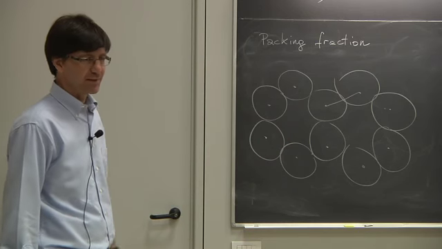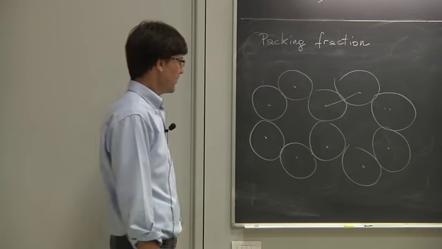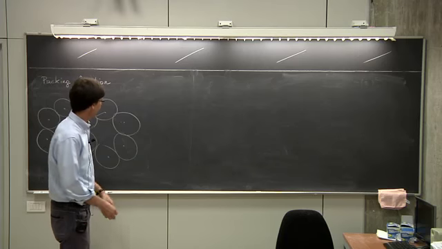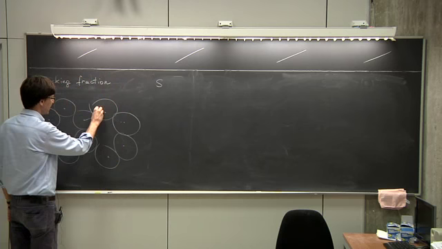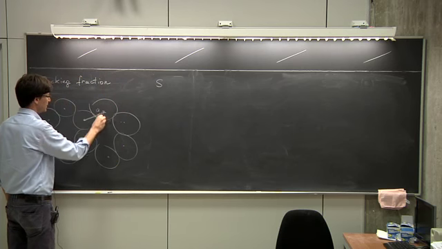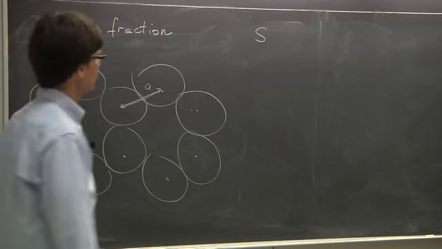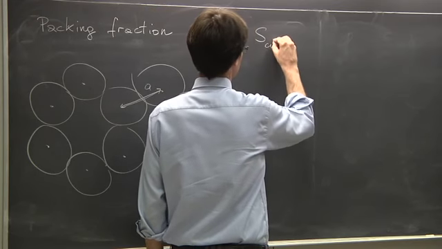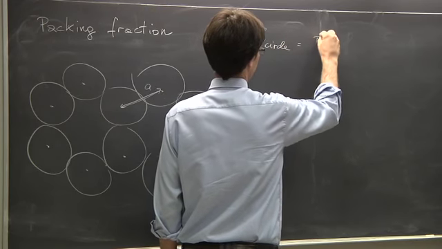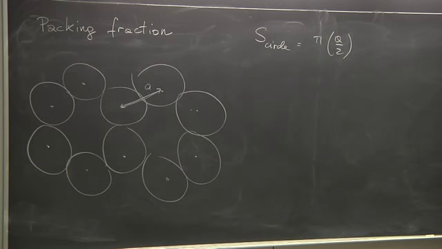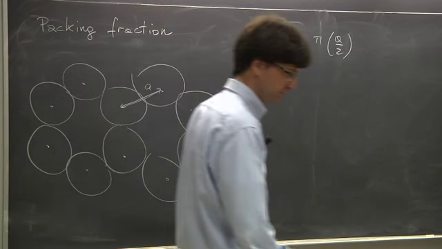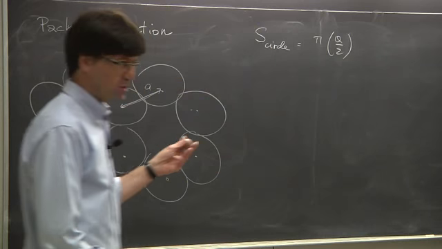How do we calculate it? Well, we assume that this is A, our usual length A. So the area of the circle is our usual pi A over 2 squared. How do we compare it with the overall space available? We have to be careful now, because previously we chose the unit cell.